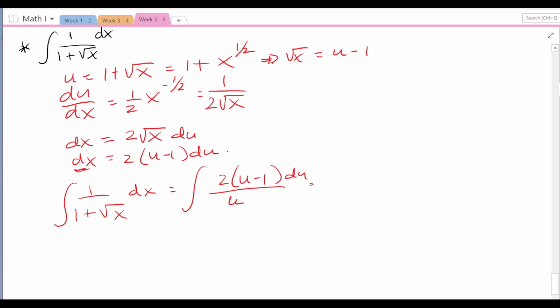So we can, if we want, this is the same as the integral of u minus, with respect to du, minus the integral. So I simply multiply 2 with that one and then 2 with that one. Okay, negative 2.